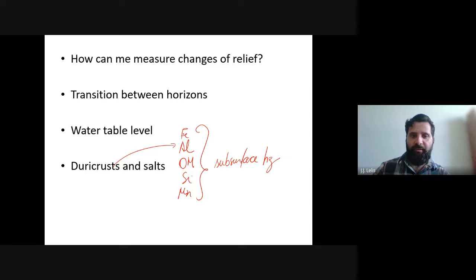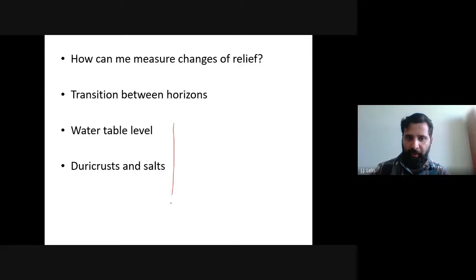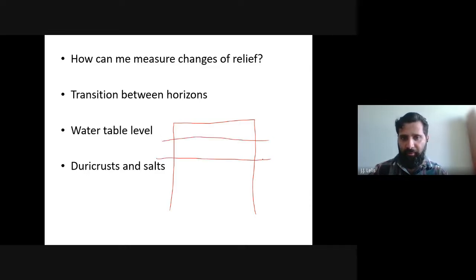Sometimes they need a change of pH or Eh, okay? Like the silicon. Silicon is very interesting because you can only see a duricrust that's composed by silicon if you have a horizon, a surface horizon, like here.